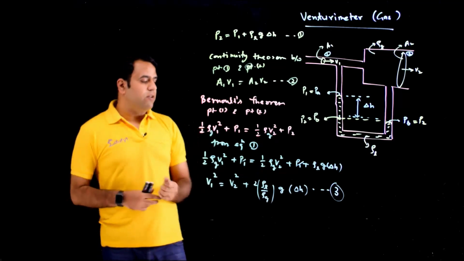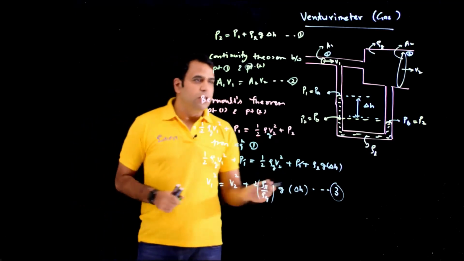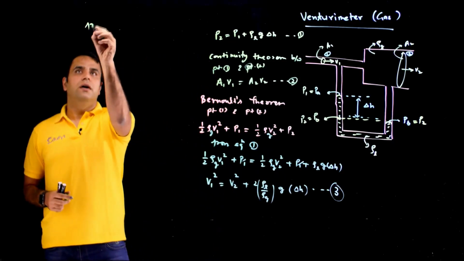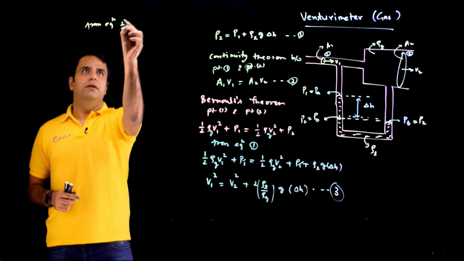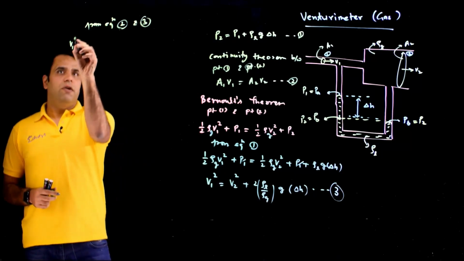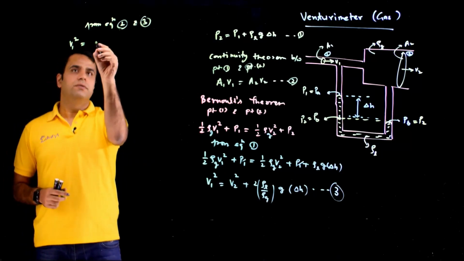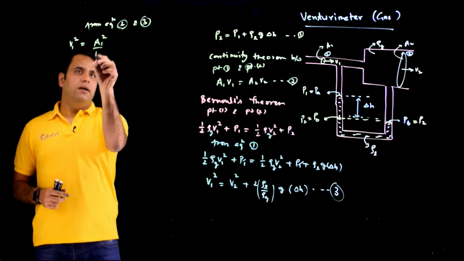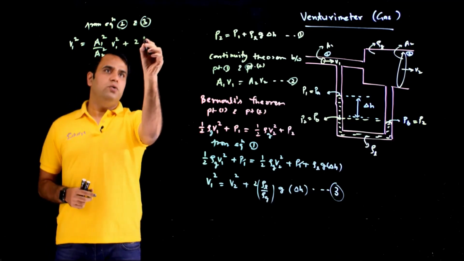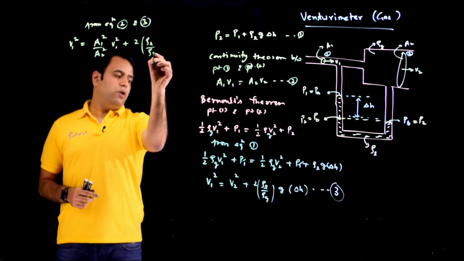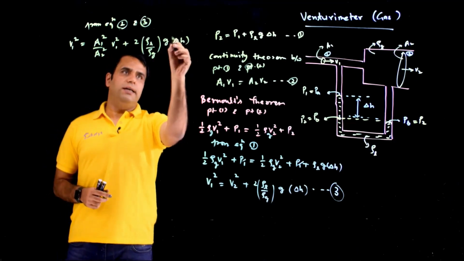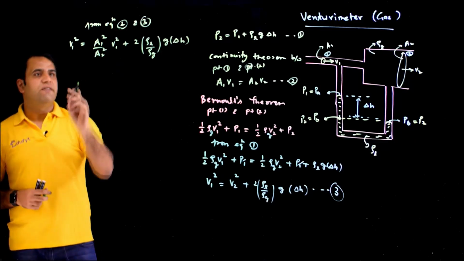Now we have equation 2 and equation 3 and we have two variables V1 and V2. So let's replace the value of V2 from equation 2 into equation 3. So from equation 2 and 3 we put the value, so it becomes V1 square is equal to A1 square upon A2 square into V1 square plus 2 times rho L upon rho g delta H. We'll take V1 on the left hand side.